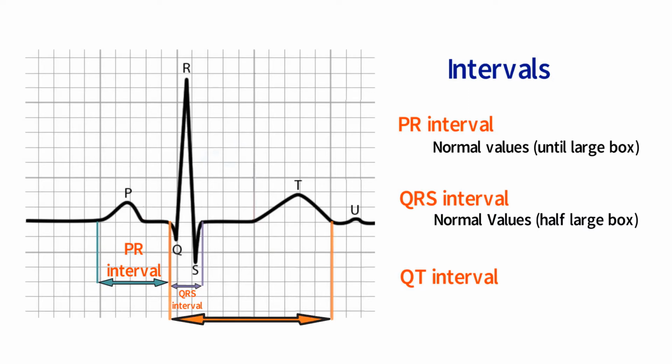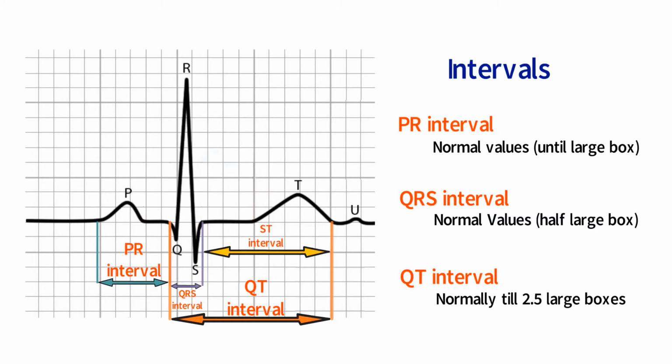The QT interval will be normal until 2.5 large boxes. So again, the PR interval will be up to one large box, the QRS interval will be about half of this large box or half the PR, and the QT interval will be normal until 2.5 large boxes.